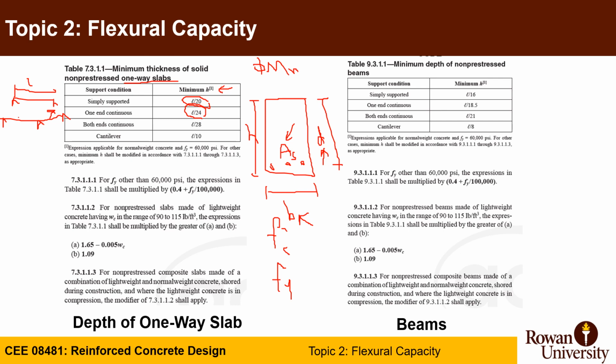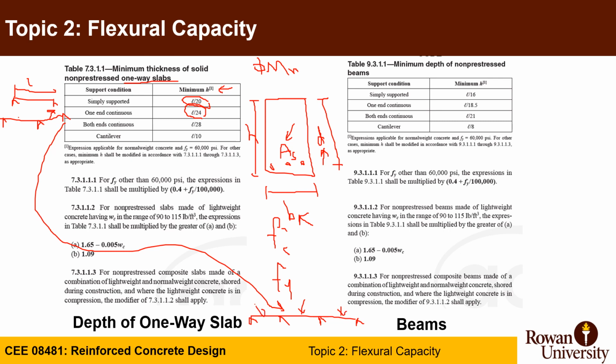If you have a slab that is continuous from both sides, let's say this is the first span, this is the second span, and this is the third span. So this slab is continuous from both sides, and the outer parts of the slab are continuous from one side.